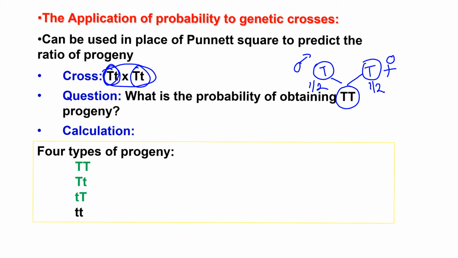Now you can also very simply define what is the probability to obtain all dominant phenotype out of this cross regardless of the genotype. What does it mean? So they can be either homozygous dominant or heterozygous.